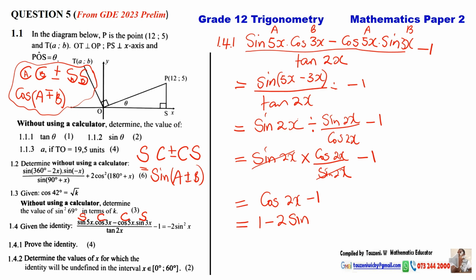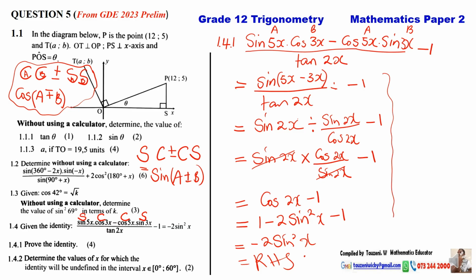It will be 1 minus 2 times sine squared x, and then minus 1. 1 minus 1 is equal to 0. Therefore, the answer to this question is minus 2 times sine squared x. This is what we have on the right-hand side of my identity. The identity has been proven.